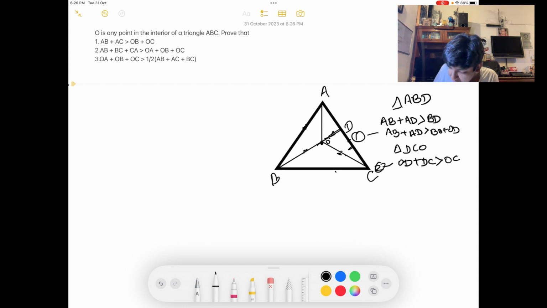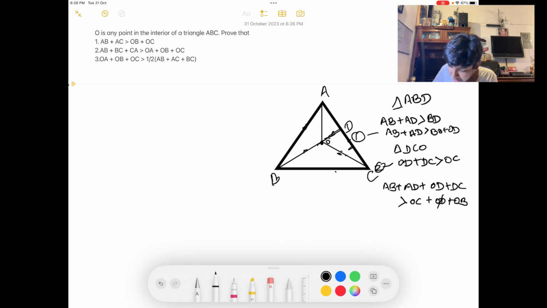So when we add the two equations, what do we get? We get AB plus AD plus OD plus DC is greater than OC plus OD plus OB, right?